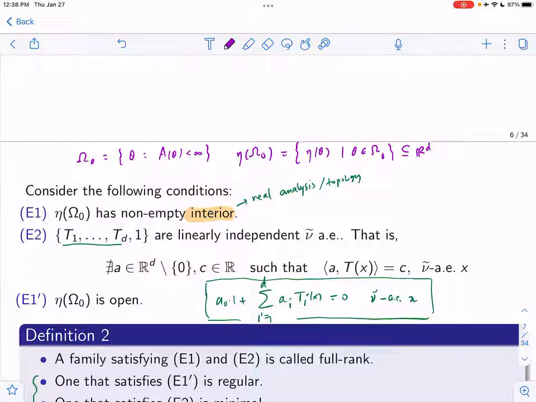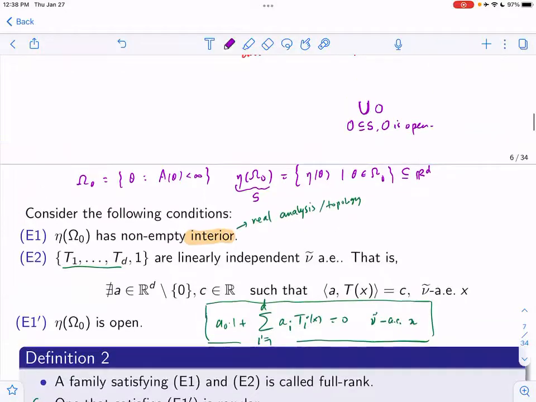Okay, so maybe you want to rephrase that as a union of all open subsets that are inside a set, right? So suppose I have a set, let's say this is S. I take the union over all sets O, such that O is a subset of S and O is open.